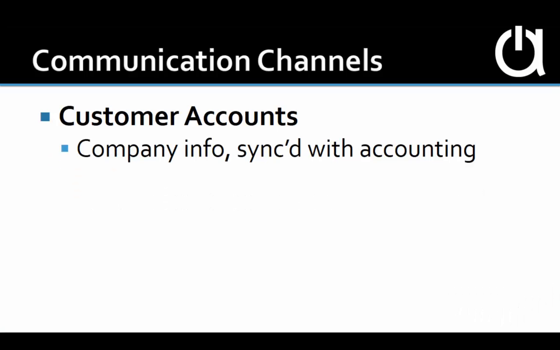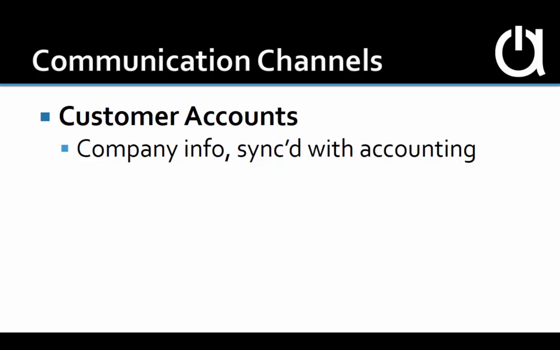Alright, so first off, customers obviously are key in tracking customer communications. Being able to maintain customers in Acctivate gives you the ability to track all related communication in the system you're transacting information with.